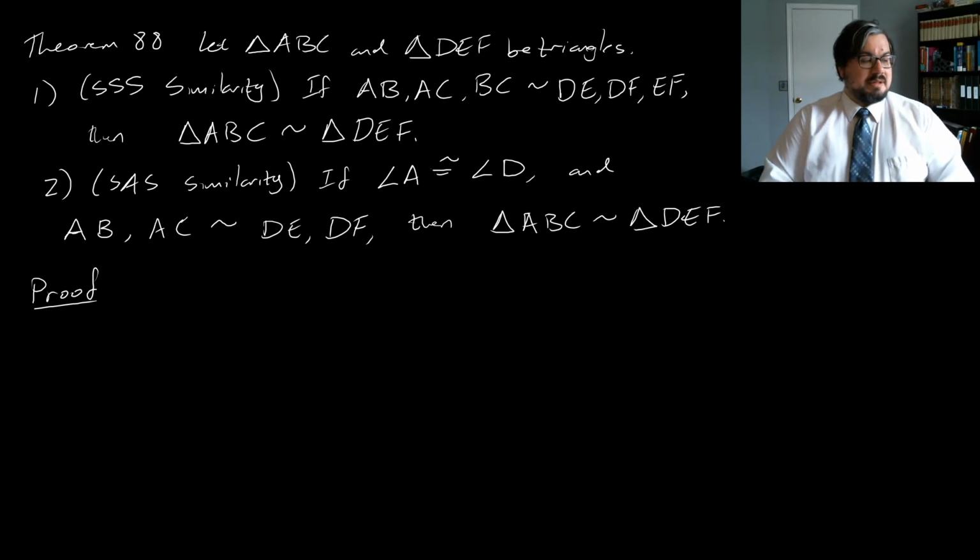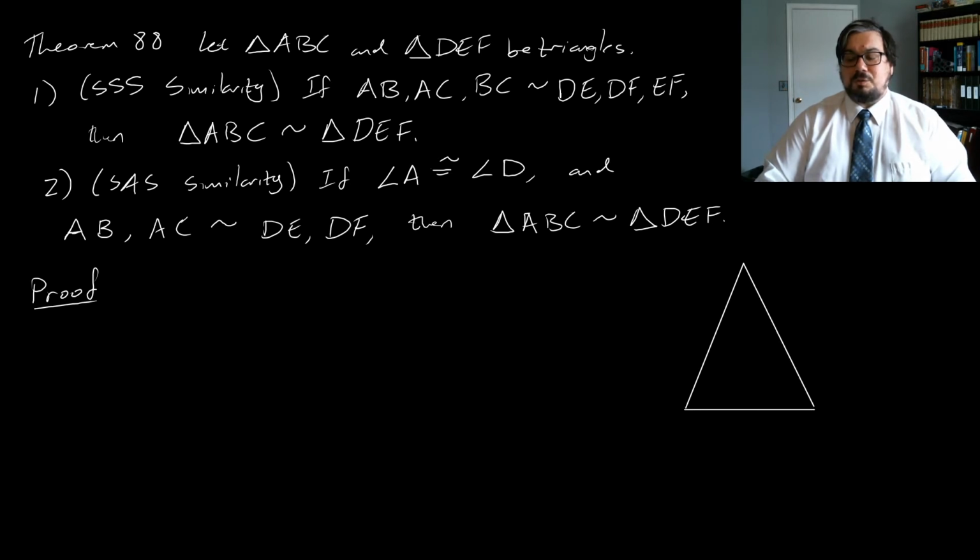Let's look at the proof. The construction is going to be similar to what we had before. So let's look at part one. Let's suppose that we know that all of the side lengths are proportional to one another, and try to prove that they're similar.